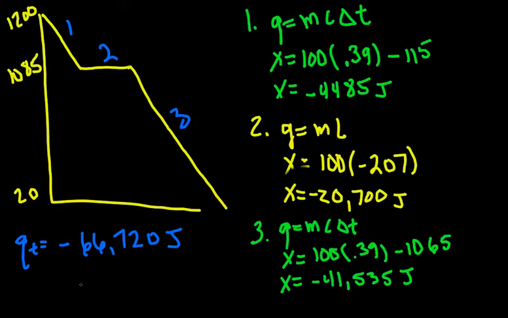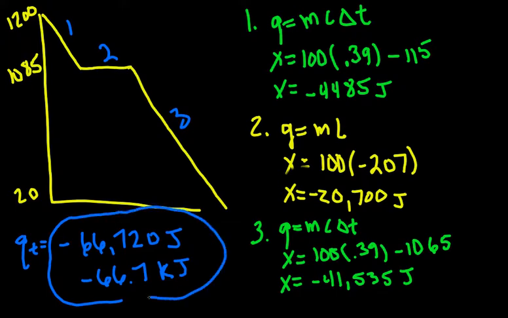Though I guess you could also write it as negative 66.7 kilojoules. And there's our answer. And again, you have to have that negative in there to indicate you're releasing energy. Otherwise, it's inaccurate.